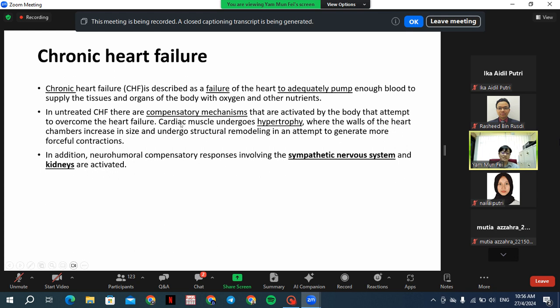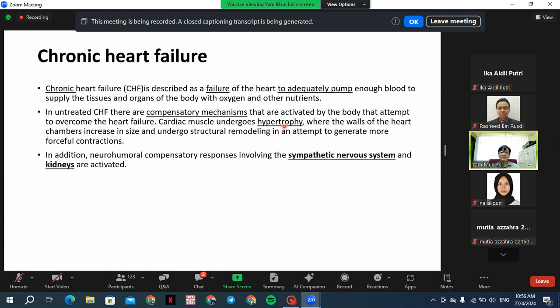So what your body is going to do is undergo hypertrophy, especially of your cardiac muscle.